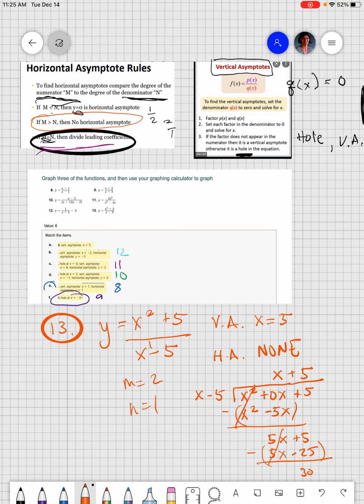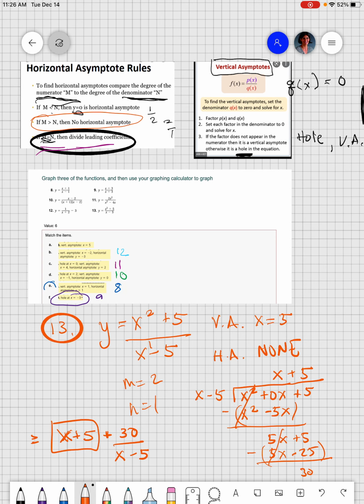So this means that this graph equals, we pulled out an x plus 5, right? And then we still have plus 30 over x minus 5. And this graph is going to look like this at the ends.